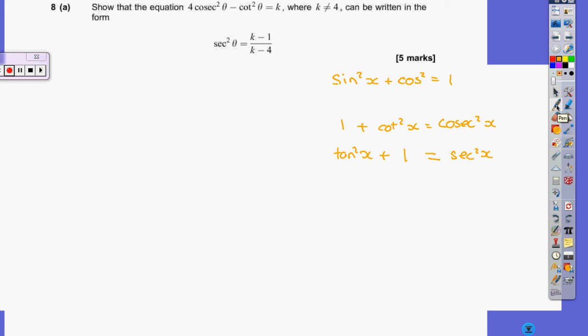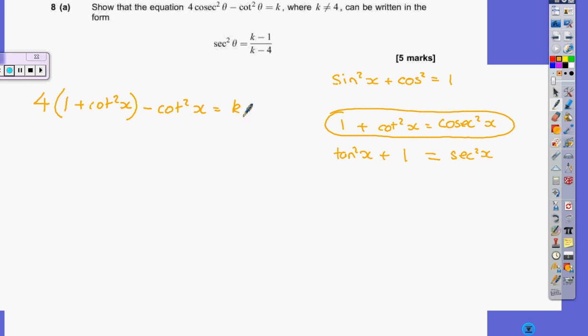Okay, so looking at that, it looks like I'm going to need this one. Okay, so because this has got cos squared x, cosec squared x equals that, that's the one I'm going to do. So I'm going to get rid of the 4 cosec squared. So I've got 4 lots of 1 plus cot squared x minus cot squared x equals k.